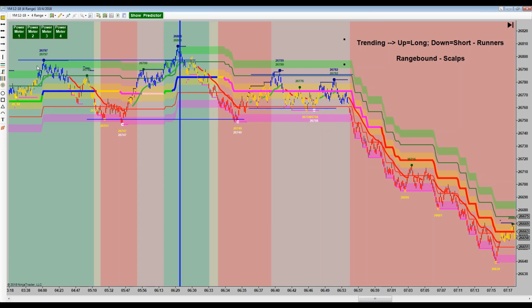Conversely, if you are shorting the market for your primary mode of entry, when you get down to support, as you did here and here, for instance, then you are looking to buy to cover. Longs, take profit at the top. Shorts, take profit at the bottom. Or trail a stop if you have some kind of runner within the size. Now let's talk about the size of ranges because ranges are not all created equal, and then let's go back and talk about trending. Okay?